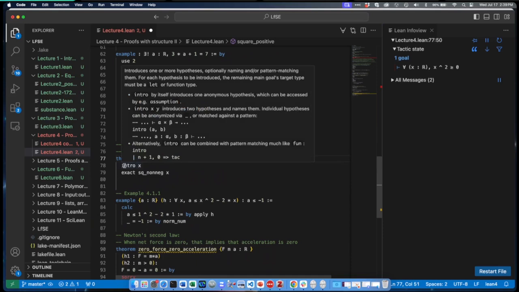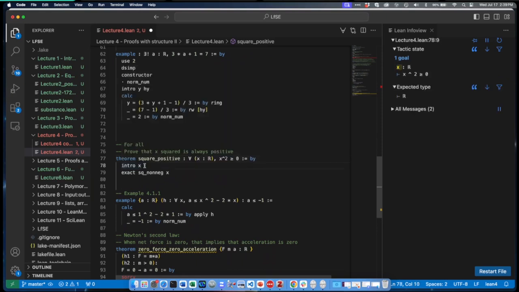The tactic to address for all statements is to introduce one or more hypotheses, and you can optionally name them. So intro x, I could do intro hx. I could call these different things.